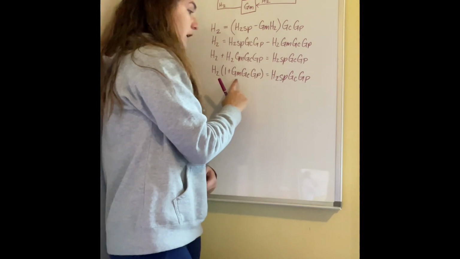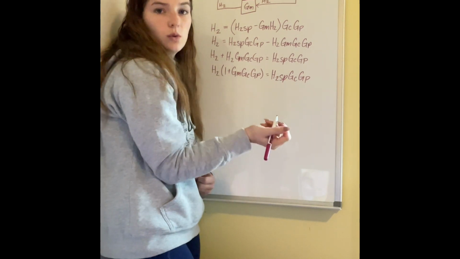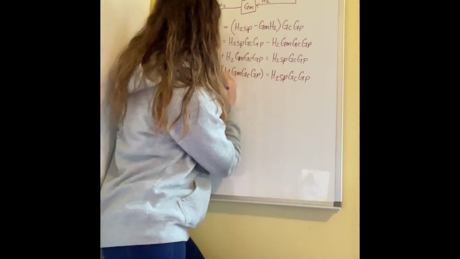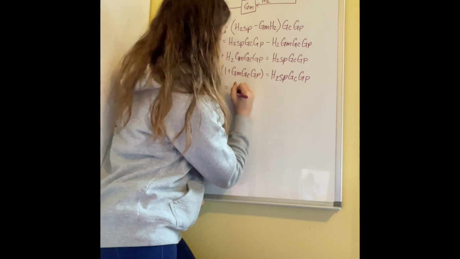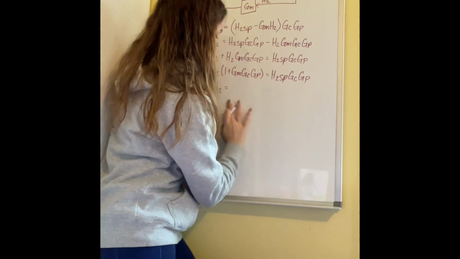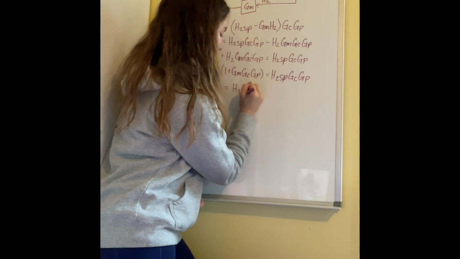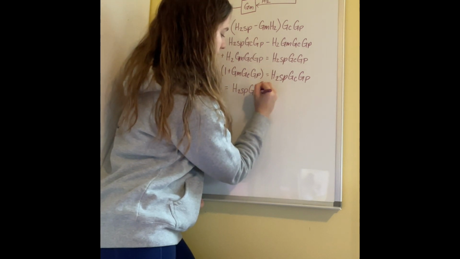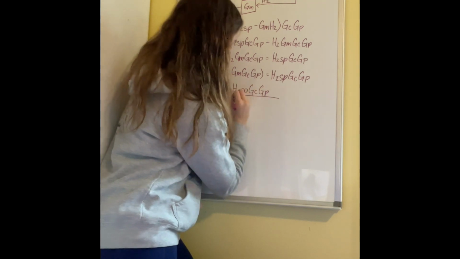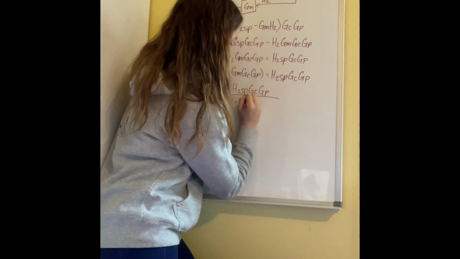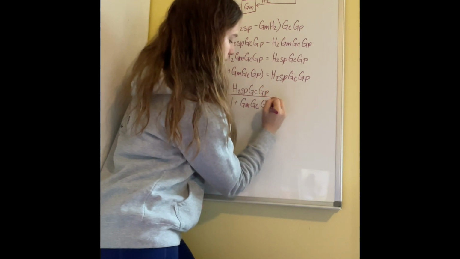So now we're going to divide this back over onto our right side, so we have our equation equal to our H2 variable. So H2 is equal to our H2 set point times GC, GP, divided by 1 plus GM, GC, GP.